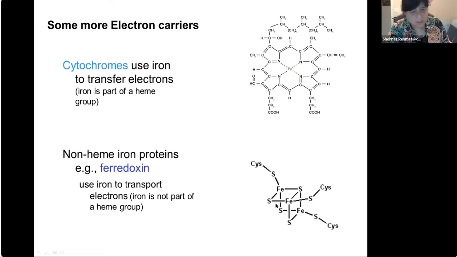But in this, again, your iron is being used to carry the electrons, but this iron is not part of the heme as in the cytochromes. So cytochromes and ferredoxins do differ in these characteristics. They both carry the electrons on the iron, but the iron in cytochrome is part of the heme, whilst in ferredoxin, iron is not part of the heme. Okay.